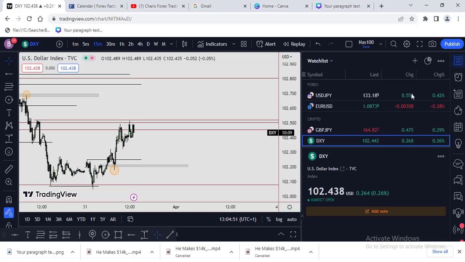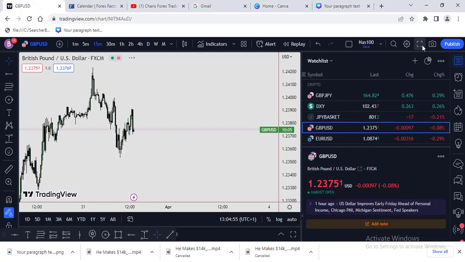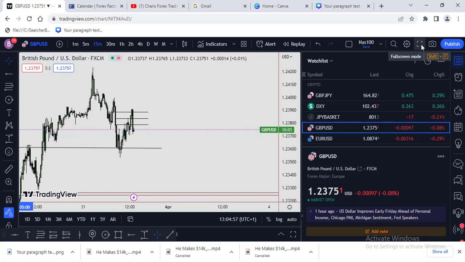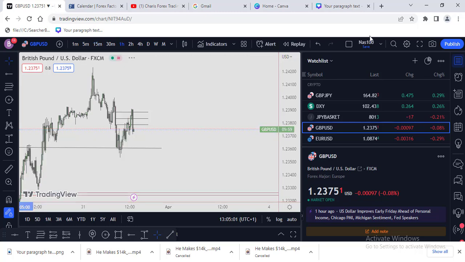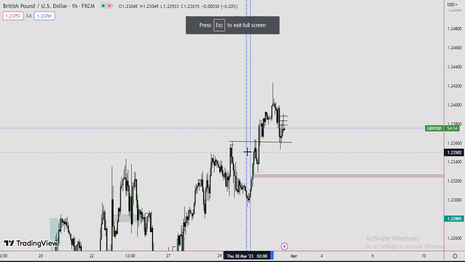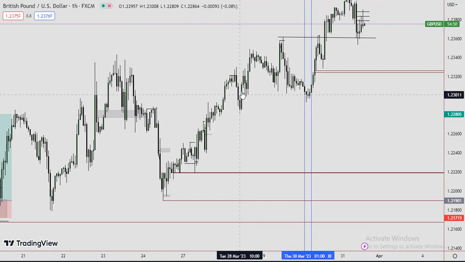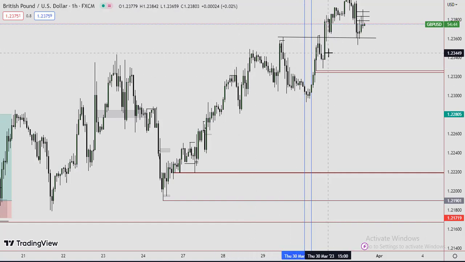So let's just do GBPUSD briefly. Since we had a bearish week, we should expect a bullish week on GBPUSD, right? GBPUSD 1 hour time frame. So this week, when is Friday?